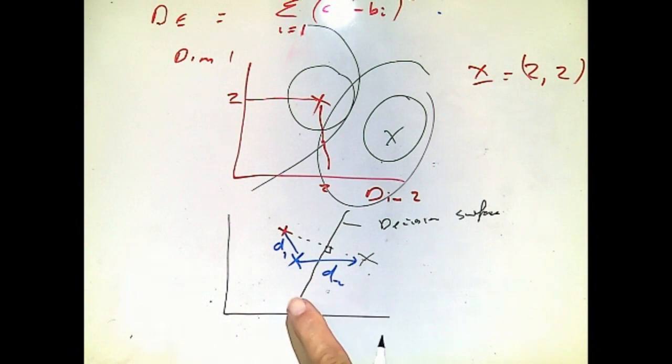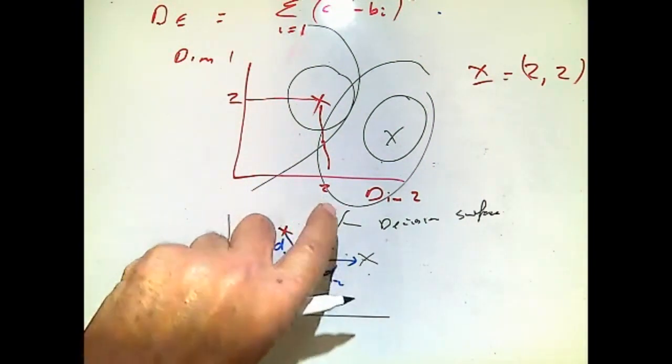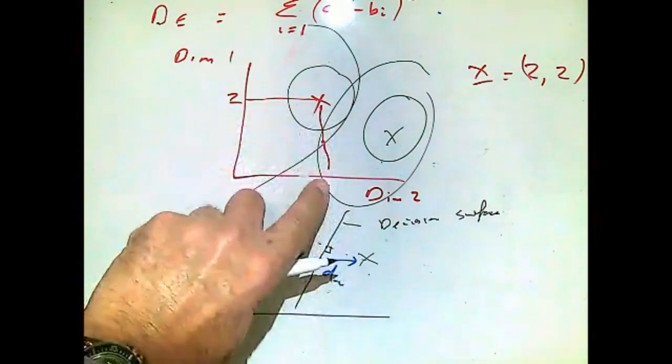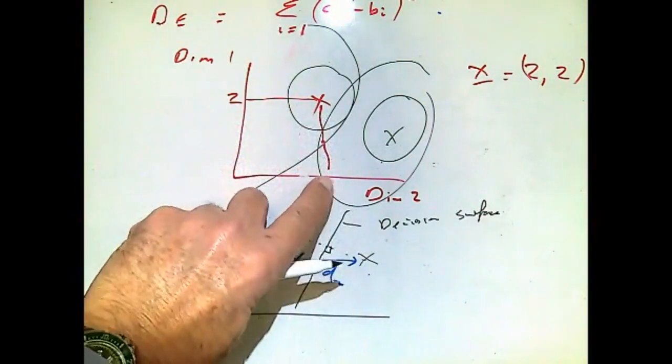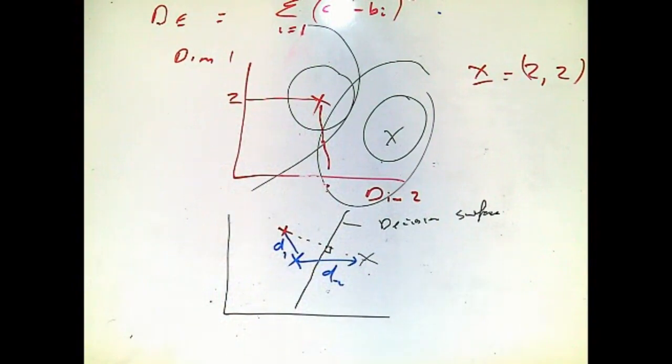And clearly, by observation, that blue cross is on the red side. So all the patterns on this side of the decision surface will be red or will be blue, unless you apply a threshold distance, in which case you can reduce the clusters. I think that's very obvious.